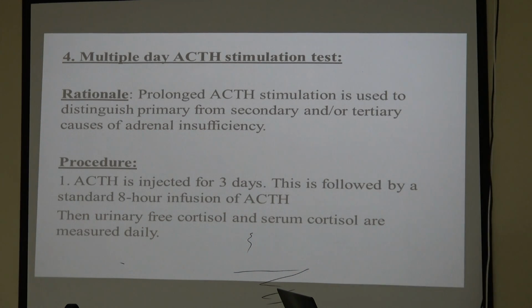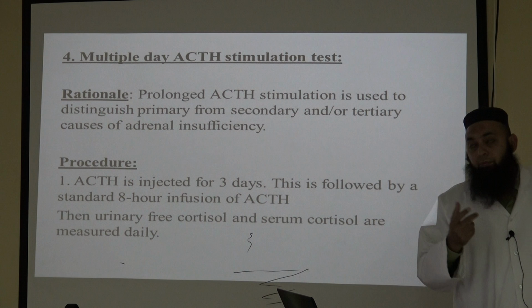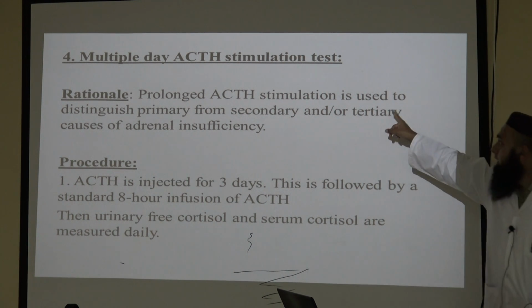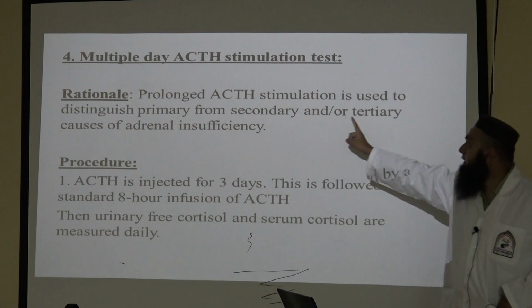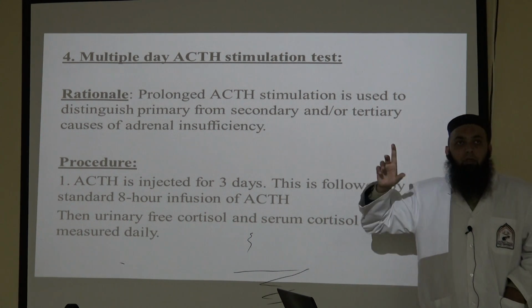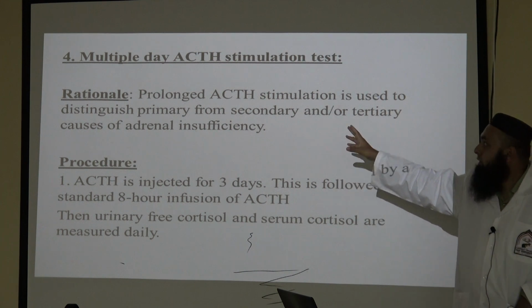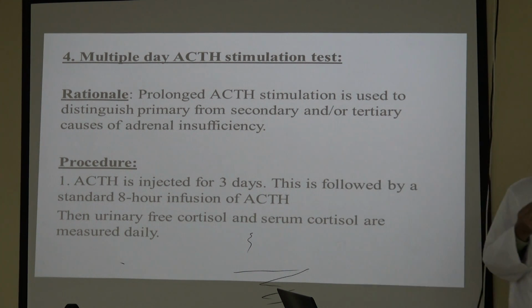Okay. There's one other test, the multiple day ACTH test. Same rationale. You give ACTH for multiple days, not one day. It is used to distinguish primary from secondary or tertiary. So what should happen after ACTH? Cortisol should go high.